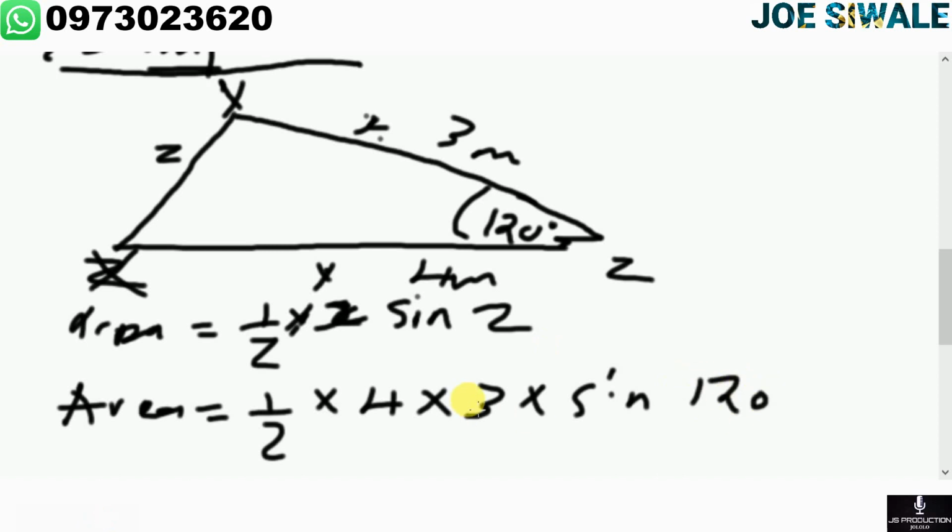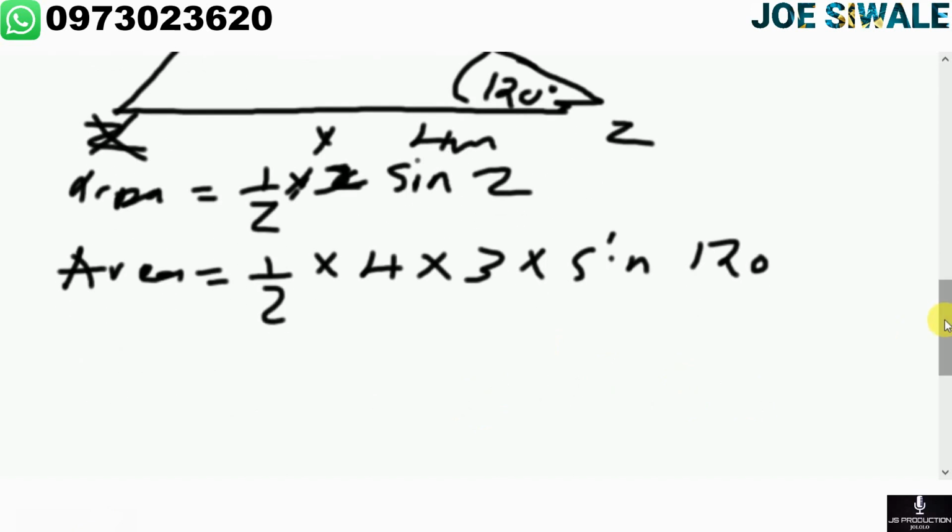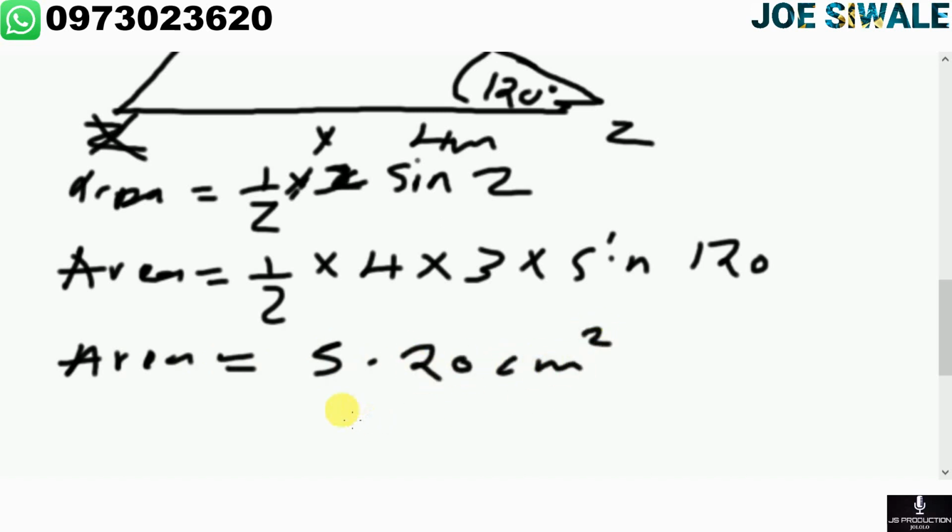If you punch that on the calculator, 1 multiplied by 4 multiplied by 3 multiplied by sine 120 divided by 2, the answer is going to be 5.20 squared centimeters. So here I'll say area is equal to 5.20 centimeters squared. This is the area of triangle XYZ.